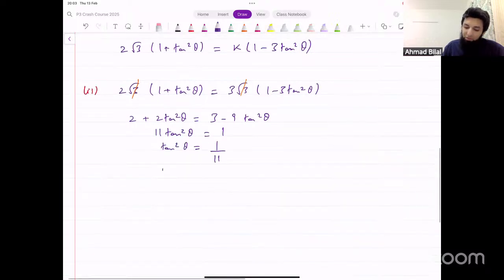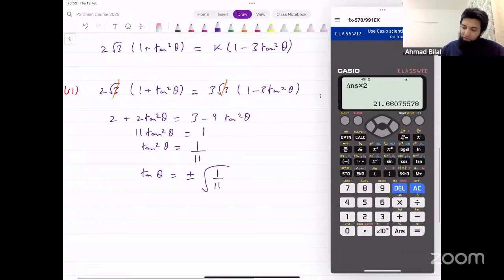Take square root on both sides. Tan theta equals plus minus square root of 1 over 11. Theta, they said, is supposed to be from 0 to 180. Let's evaluate this. Plus minus 0.3015.